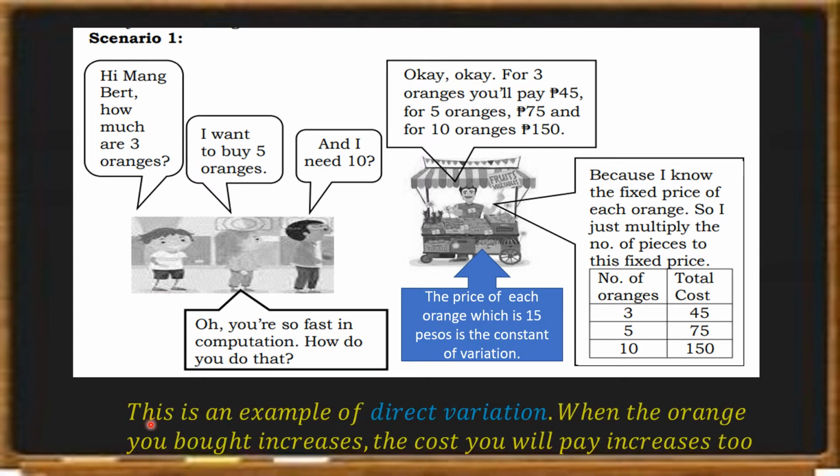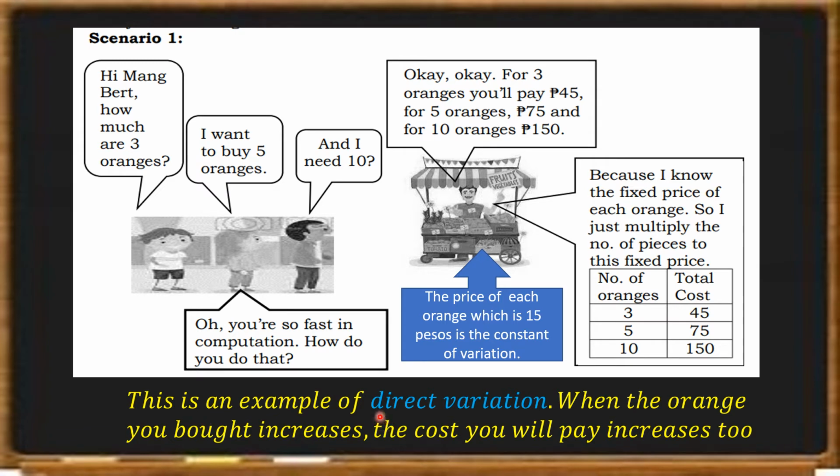So this is an example of direct variation. Direct variation means when one unit increases, the other unit increases also. When the oranges you bought increases, the number the kids bought goes up: the first 3, the second kid 5, the third kid 10.